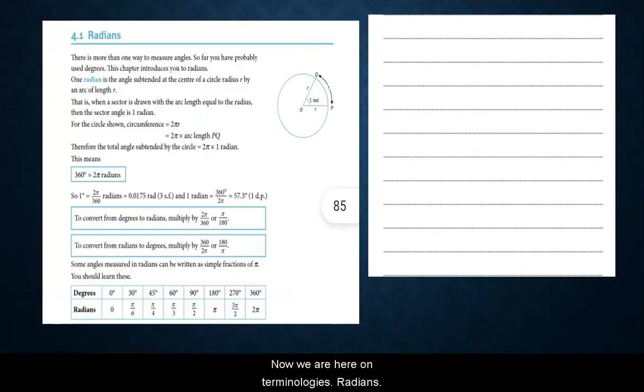Now we are here on terminologies. Radians. There is more than one way to measure an angle. So far you are probably using degrees. In this chapter, it introduces you to radians.